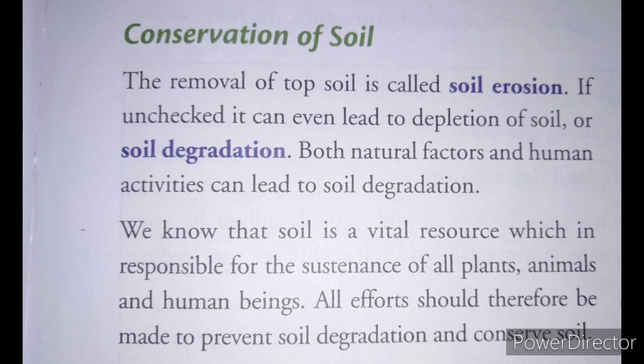If unchecked, it can even lead to depletion of soil or soil degradation. What is soil degradation? The decreasing of soil from a land, or you can say, when soil erosion takes place, it is also known as soil degradation.